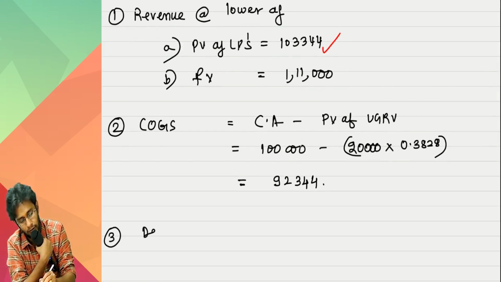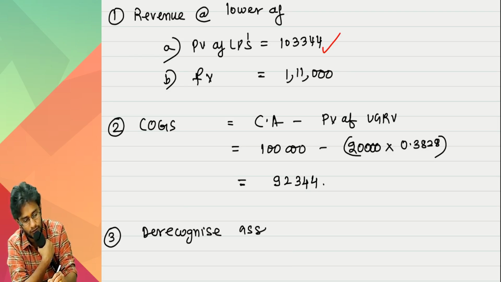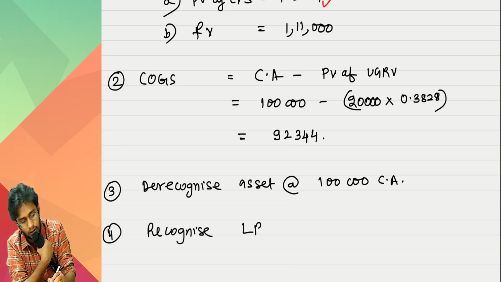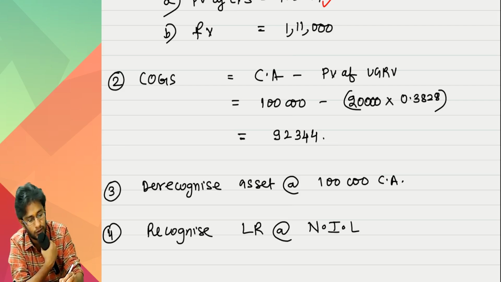Third, you derecognize the asset at 1 lakh, which is its carrying amount, and you will recognize the lease receivable at net, not zero, net investment in lease.